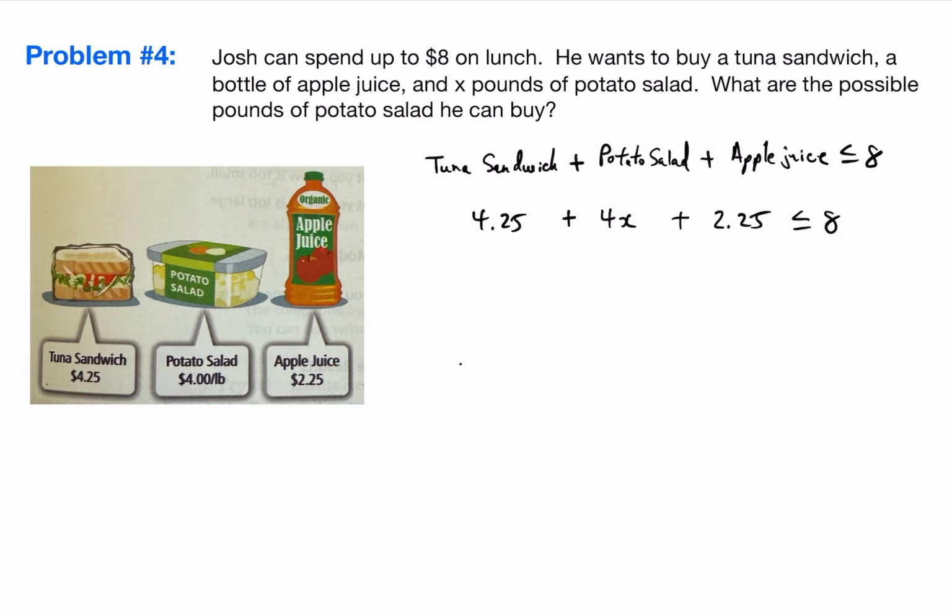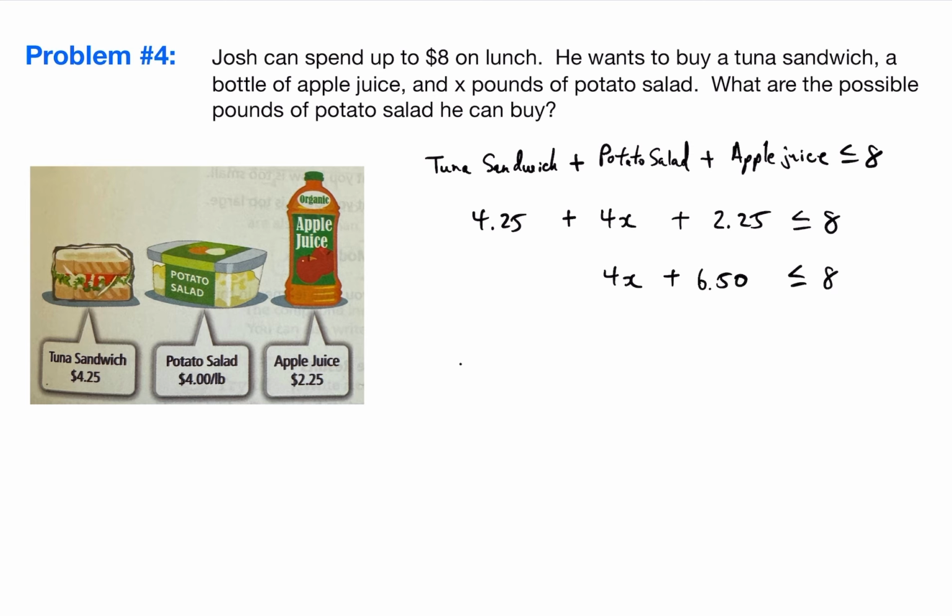We have this inequality set up, so we can go ahead and solve for X. So let's go ahead and put these together. $4.25 plus $2.25 is $6.50. And we continue with the 4x less than or equal to 8.